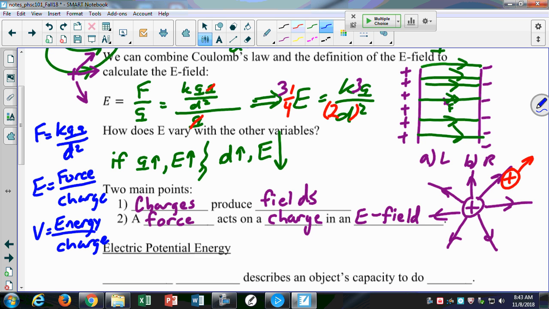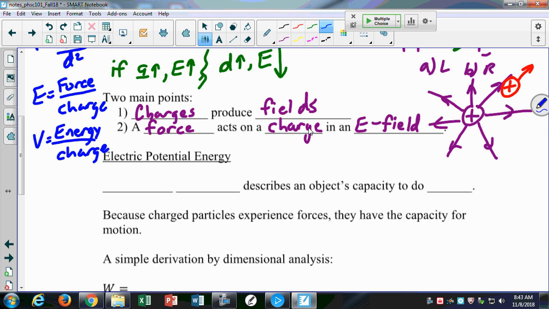And then electric potential energy. We've seen this before, right? We've seen potential energy before. We saw gravitational potential energy. If I have an object, the Earth puts out a gravitational field, it goes out radially, just like this. But with the Earth, the gravitational field lines are in what direction? Towards or away? Towards.